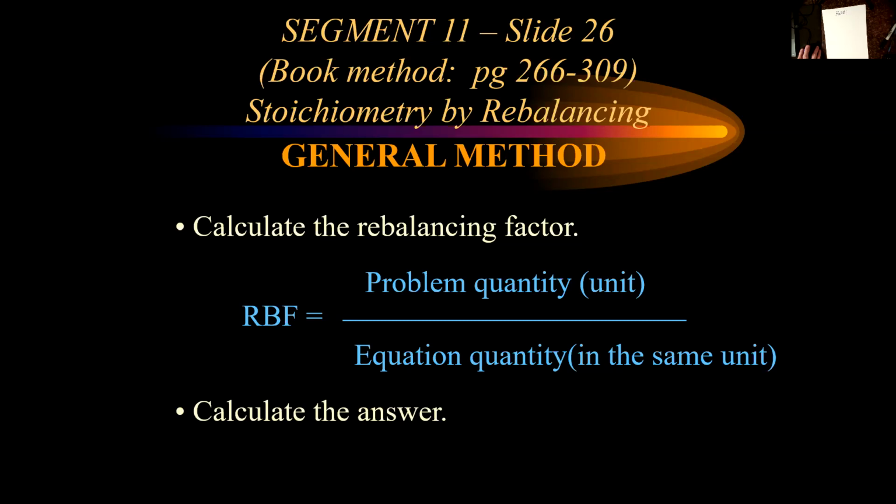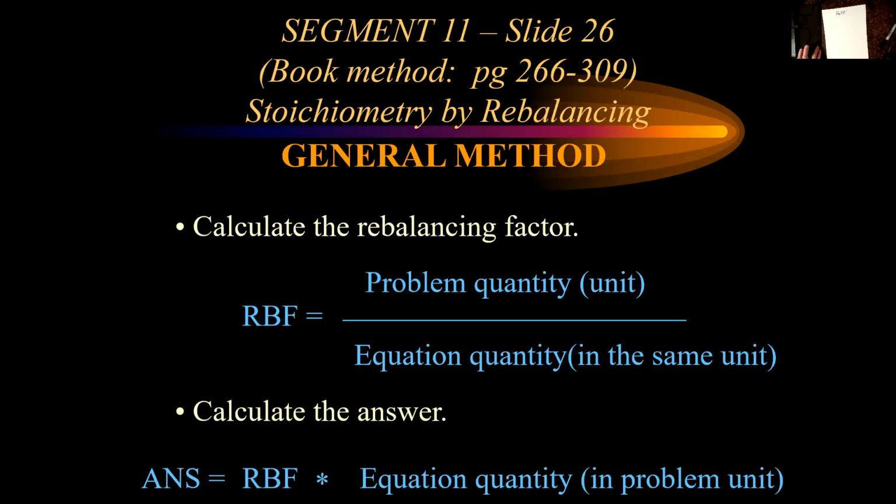And then to calculate the answer, you take the rebalancing factor and multiply it by whatever is shown in the equation in the unit that's in the problem. So I'm going to take this rebalancing factor, I'm multiplying it through by everything. In particular, I'm going to multiply it by the equation quantity of whatever was asked in the problem in whatever unit the problem asked it.